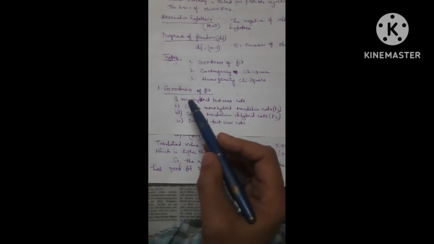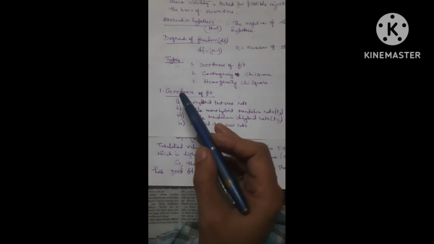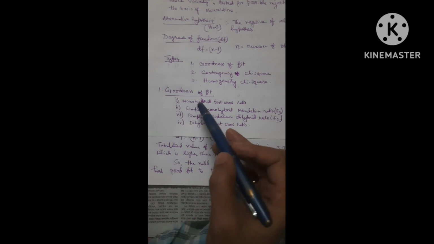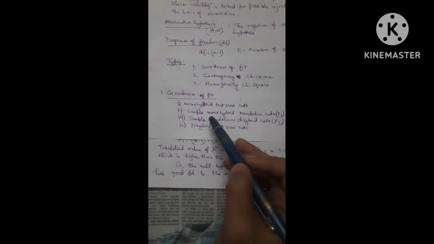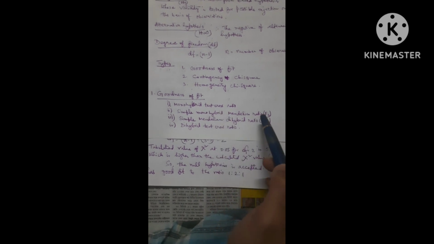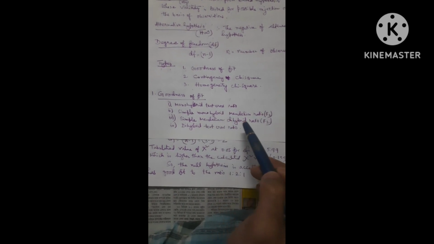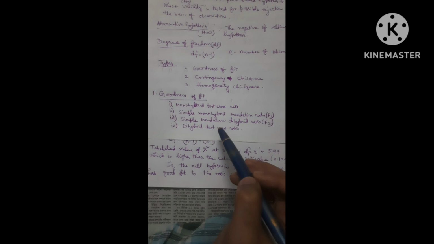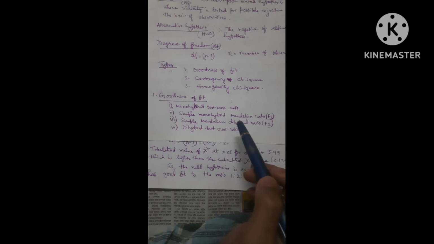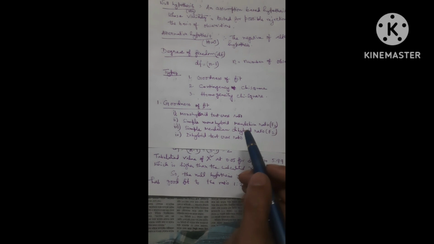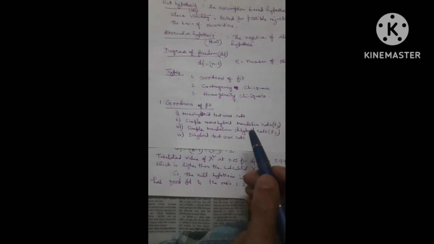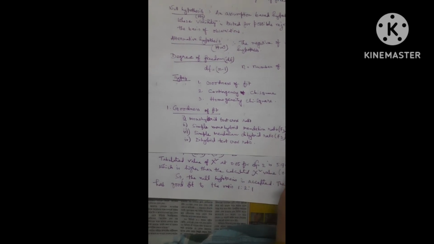Goodness of fit has 4 types: monohybrid test cross ratio, simple monohybrid Mendelian ratio, simple Mendelian dihybrid ratio, and dihybrid cross ratio. We can go through some problems so we can understand better.